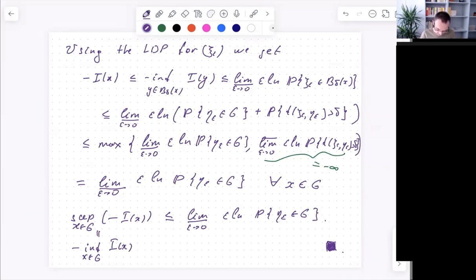Okay, and next, I'm sorry, last time we also considered the case when we had some family of random variables, and then we changed the density of that family and obtained a new family of random variables. And then we showed that in this case, we also have the large deviation principle with another rate function.